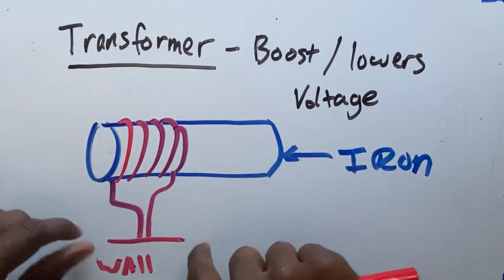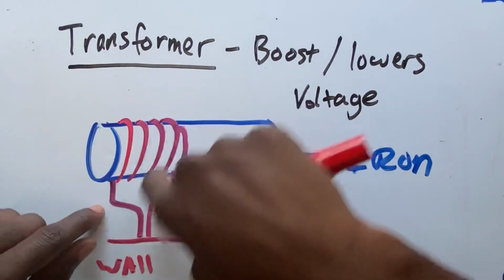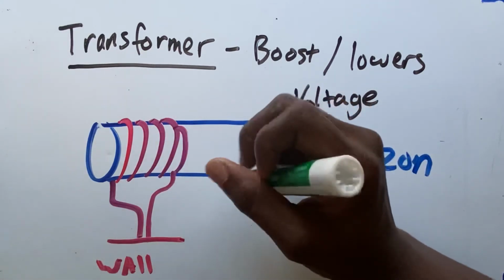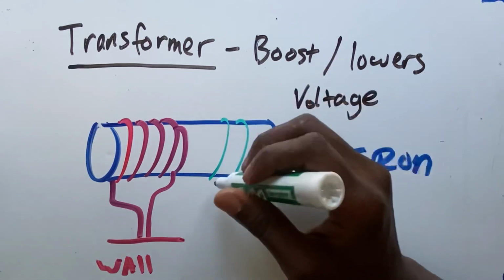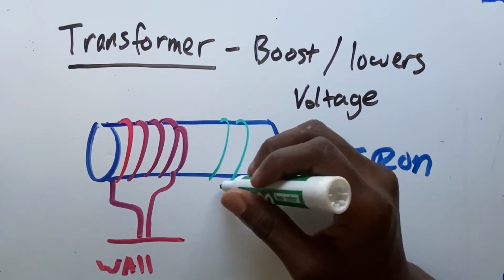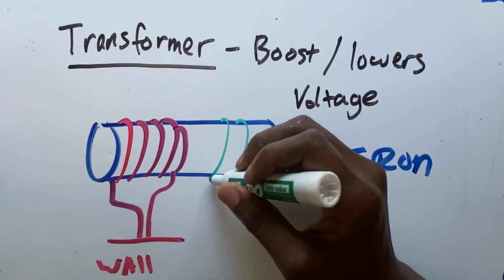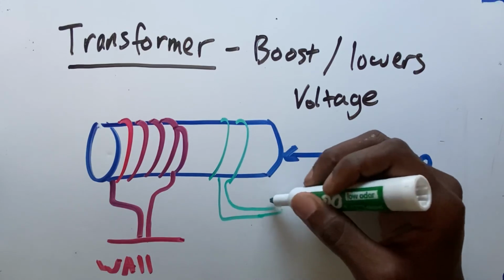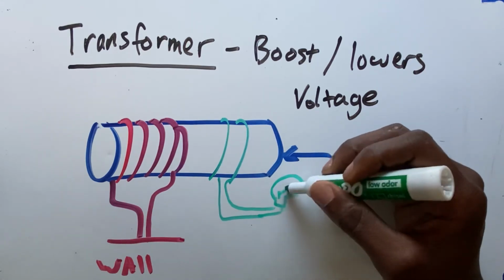So this iron core is connected to the wall, and then basically this wire loops around this iron. And there's another loop on here, not as many, a different number of loops. And let's connect that to a light bulb. Boom.